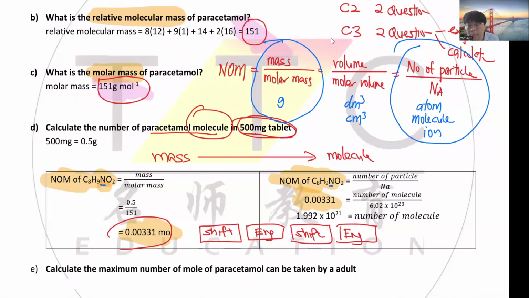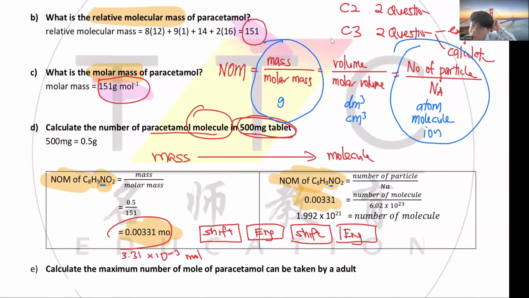You get this. Or you want to write the one also can. So if you want to write 3.31 times 10 power negative 3 mole, also okay. Now once you get this already, this is the number of mole.